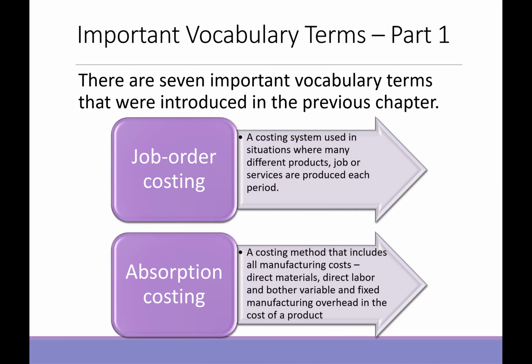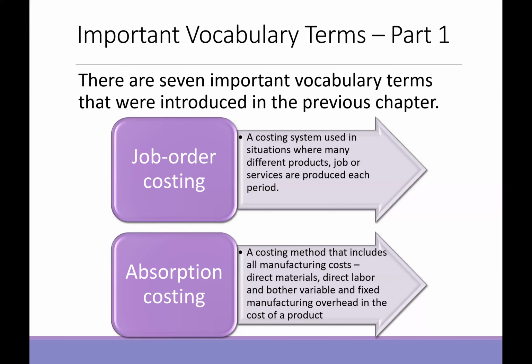We know job order costing is a system used where different products, jobs, or services get produced each period. And so we have a system in place to connect those costs with specific services or products.